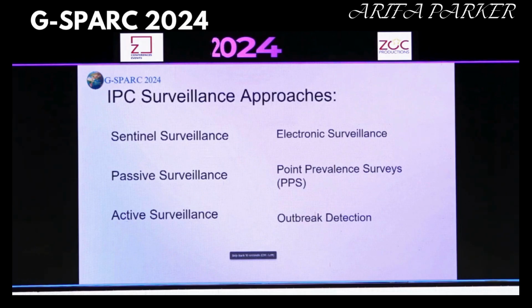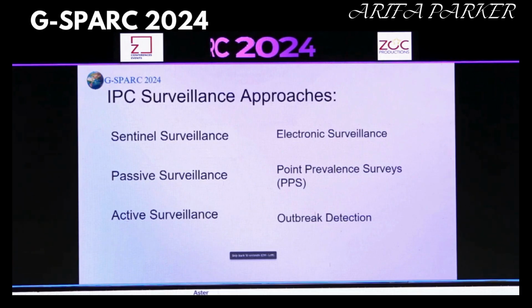Electronic surveillance is awesome, where you can use existing electronic records, laboratory data and automated algorithms, but the limitation there is that you're only as good as the data that is inputted into the record. So this data also needs to be taken with a pinch of salt, so to say.